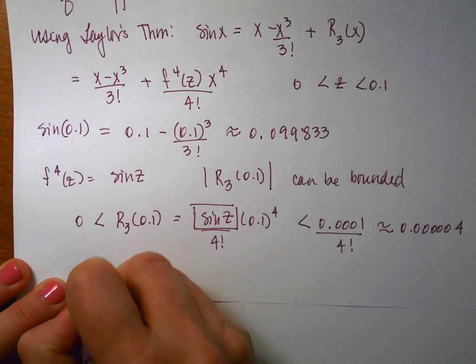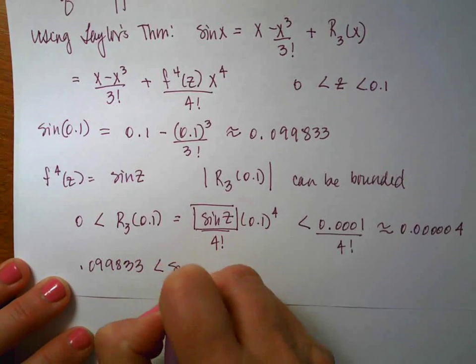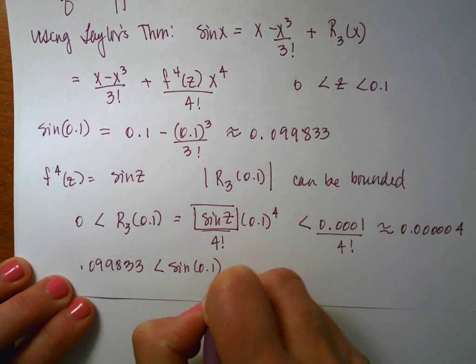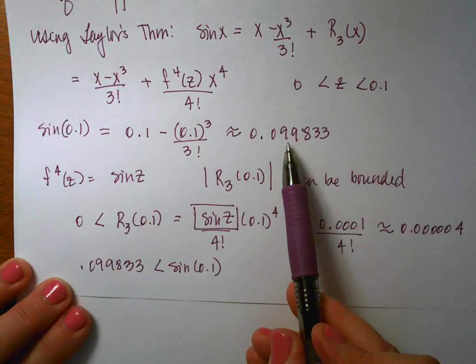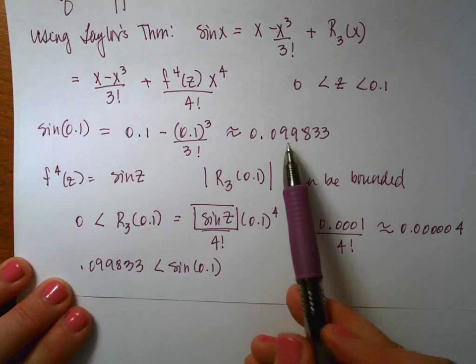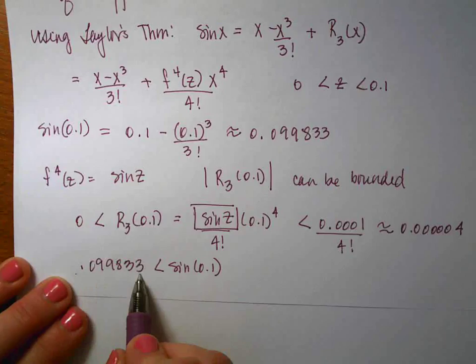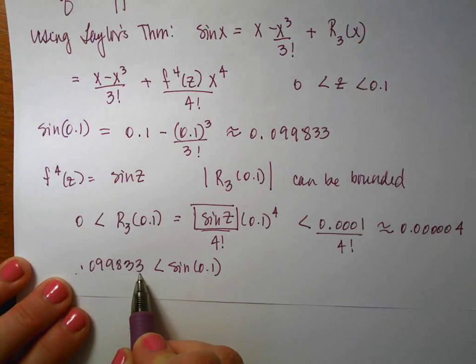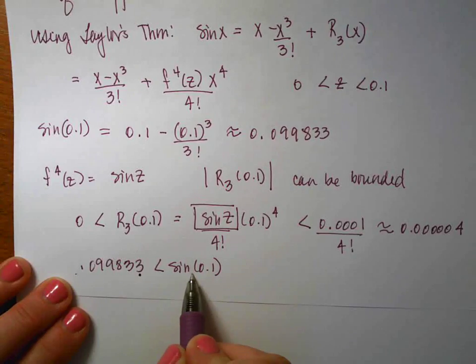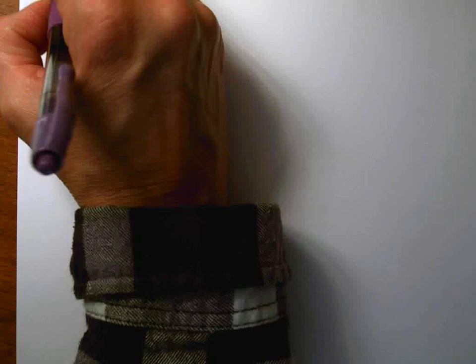So now we're just going to make a series of statements. Okay, so the first one is that 0.099833 is less than the sine of 0.1. So this was our third degree Maclaurin polynomial estimation. Okay, so that's what we're saying here, that the third degree Maclaurin polynomial estimation is less than the actual value. So now I need to go to a new sheet of paper.